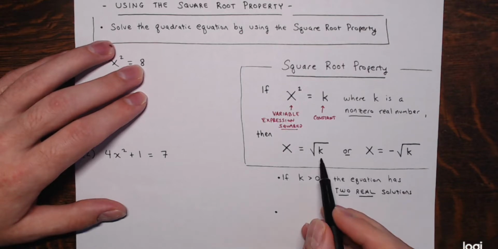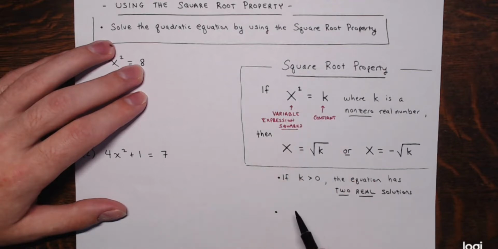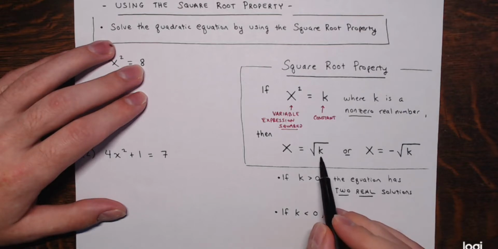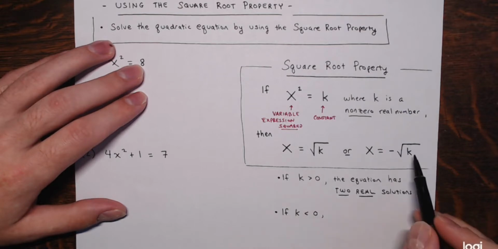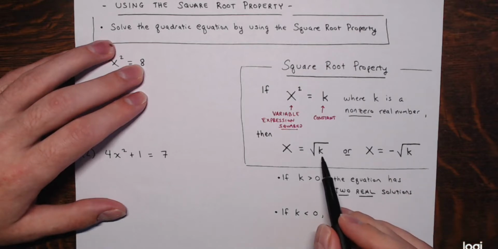If K is negative, if I get a square equal to a negative number, if K is a negative real number less than 0, well, then you'll have the square root of a negative number here, and then its opposite here. Now remember, the square root of a negative number we're going to rewrite with that imaginary unit I, right? It's an imaginary number.